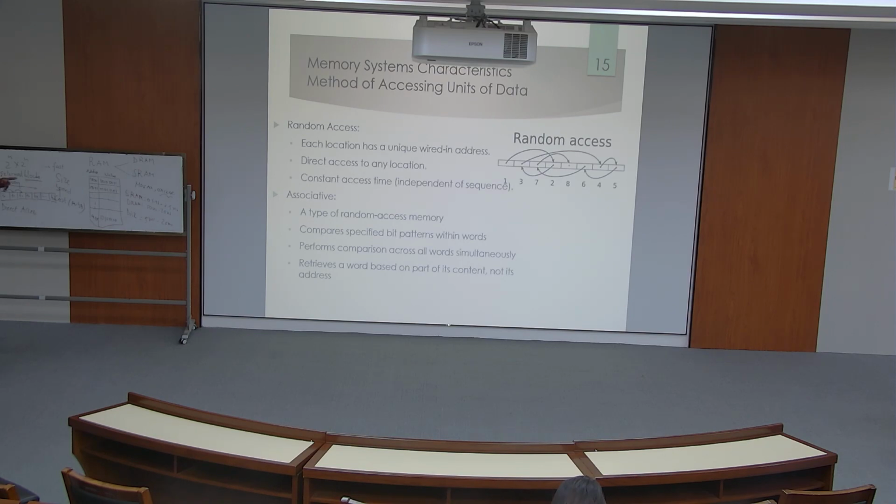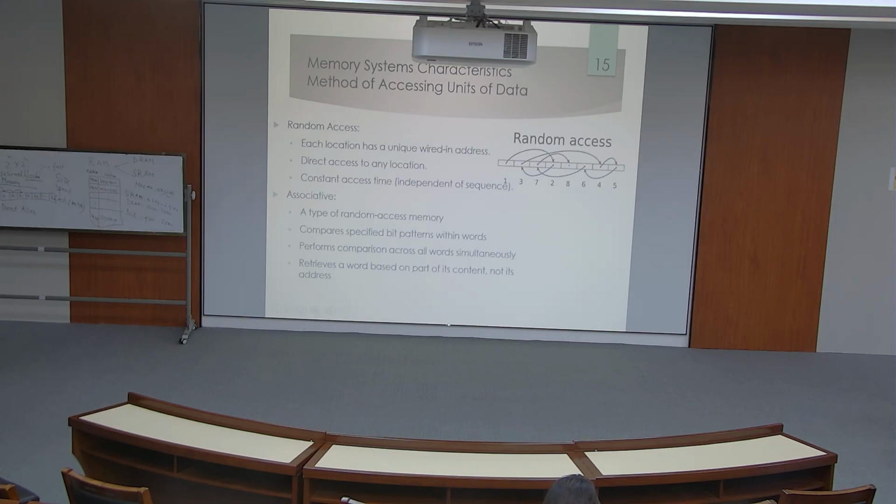Associative memory access allows the CPU to get access to the data using what we call content, not address. So this method is a bit different from the previous ones, as it uses the content of the data to retrieve data. It does not rely on addresses.